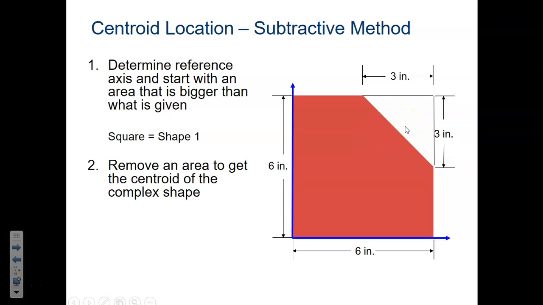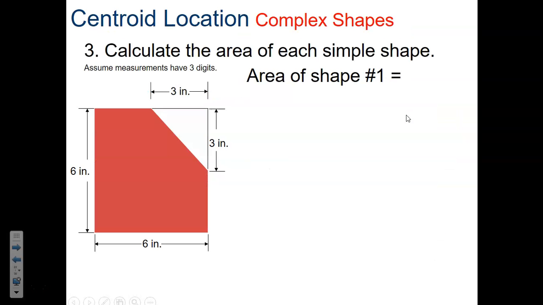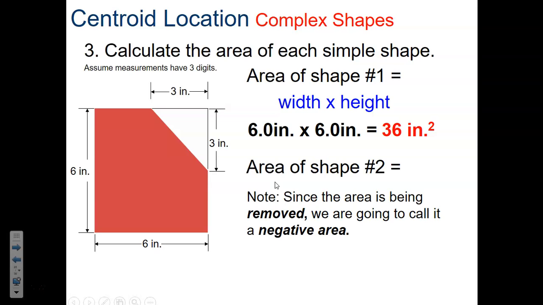So we're going to start with the big square, and then we're going to subtract off this little triangle that isn't there. So the area of shape 1 is base times height, side squared, which is 6 times 6, which is 36 inches squared. So that's that.